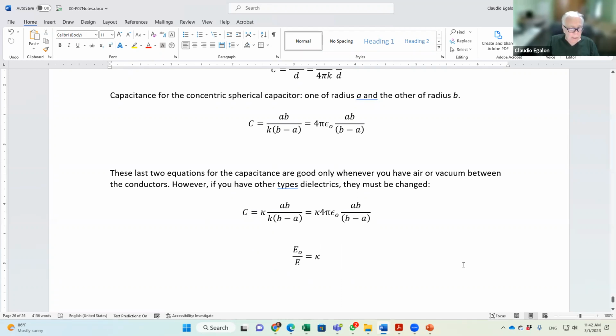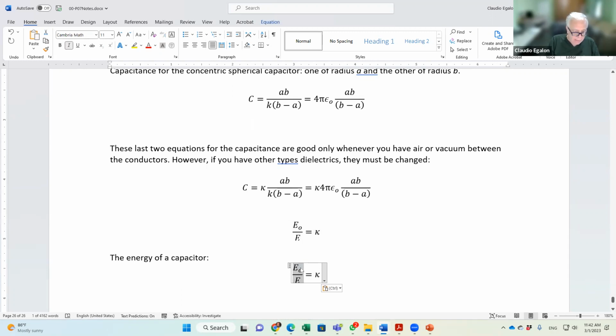And we have the energy of a capacitor. There are different ways of writing this energy of the capacitor, but the one that I recommend you to remember is the energy density of any capacitor, U, which is delta U over delta V, is equal to half capacitance times V squared.